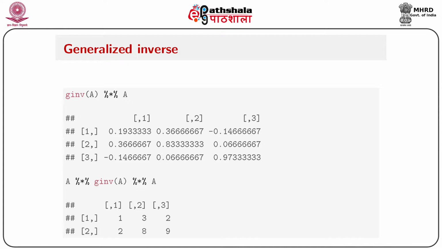Yes, after multiplication we can see it is the same A matrix that we assigned. So definitely the new matrix that it has generated is the actual G inverse of the singular matrix A, the 2 by 3 order matrix.